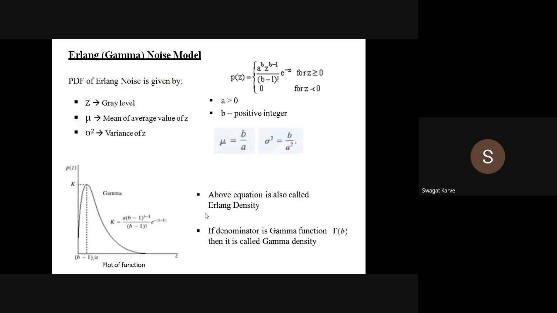Gray level is nothing but intensity. Gray level and intensity are one and the same thing. That means z is the intensity, or gray level, of that particular pixel. So this is the mathematical equation for the gamma noise.